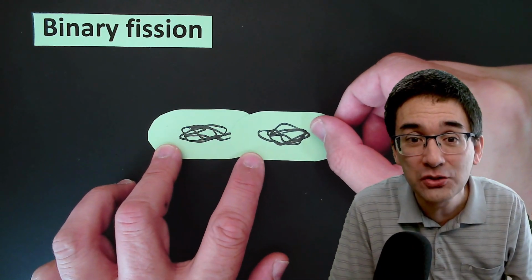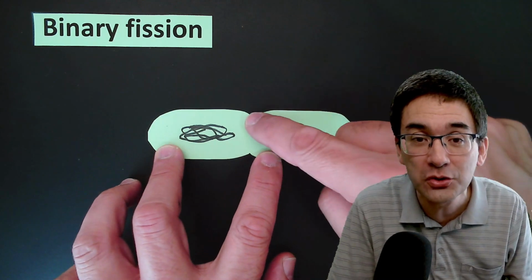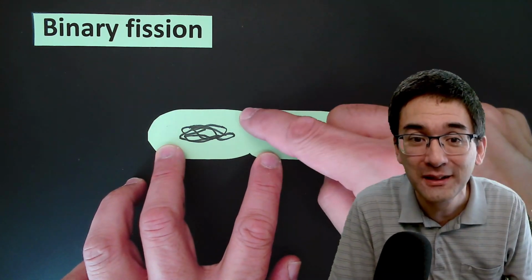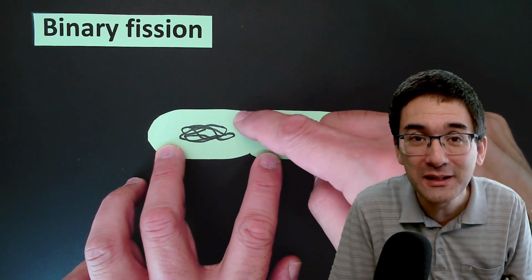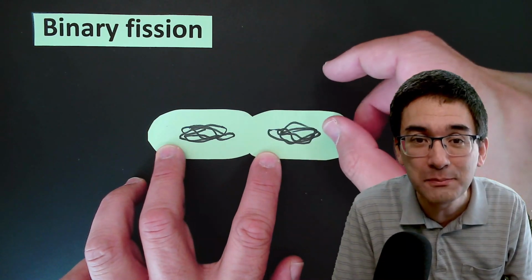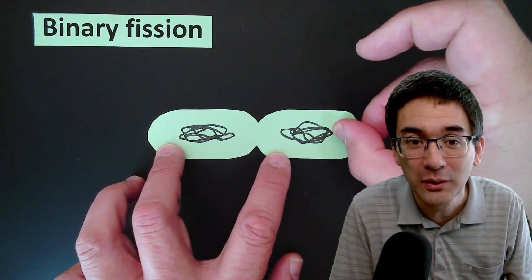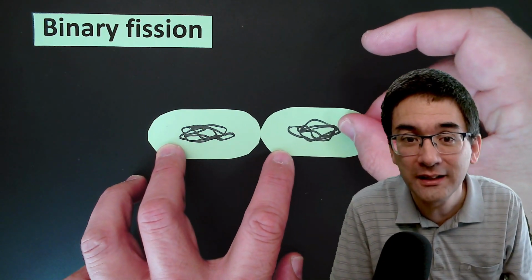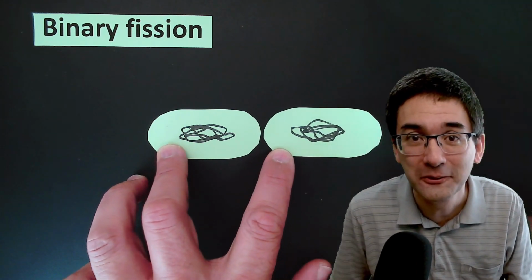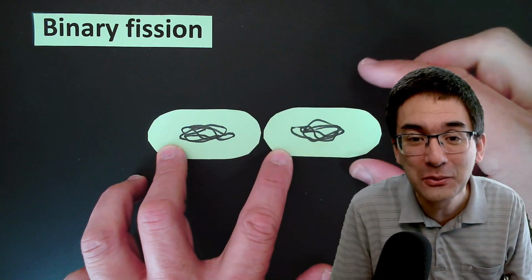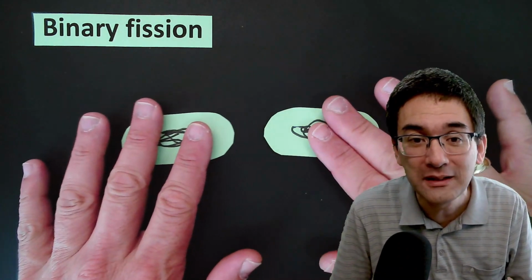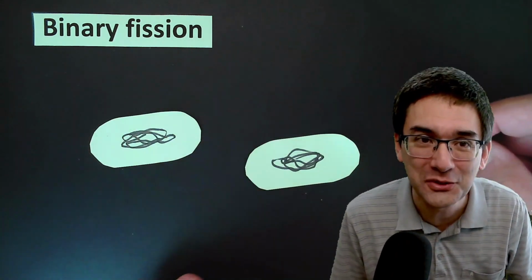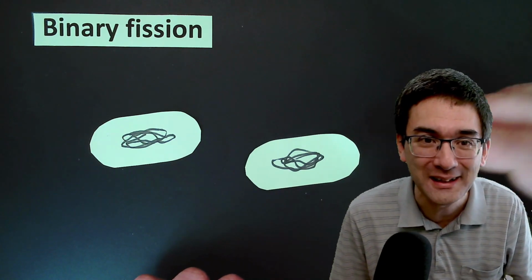The cell continues to grow, and see how it starts to fold in on the side? The cell membrane is pulled inwards. A new cell wall is being built as well. We're almost finished, and now we have two cells. Those two cells either stay together or, in many cases, they completely separate, and then the whole process is able to repeat again.